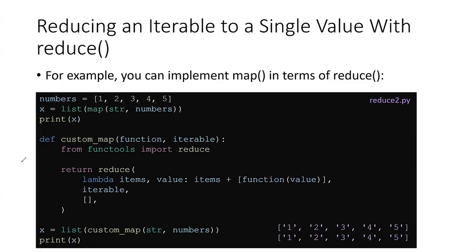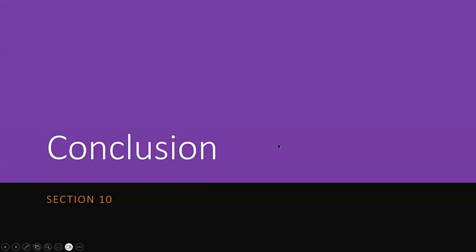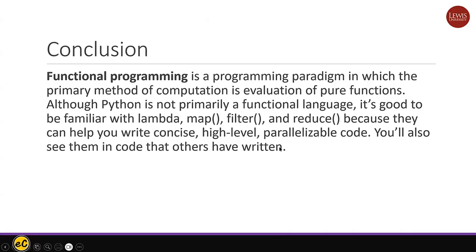A reduce function will be returned. Okay, well, anyway. So here you can come up with more different kinds of custom functions or whatever. You can combine them, okay? Just some mental exercise. Anyway, so this one is the first half of functional programming.